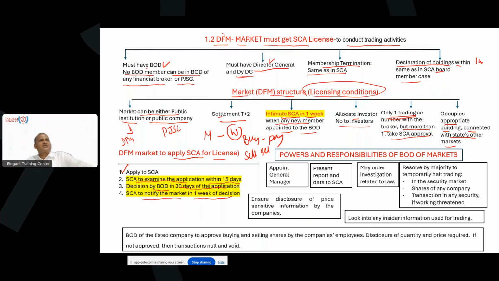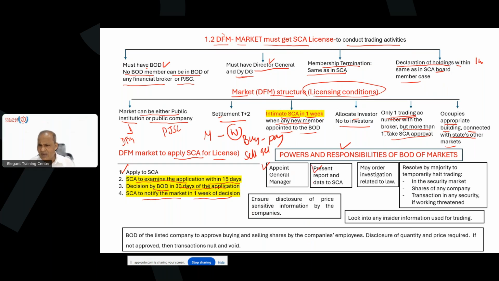Whatever the decision, within 1 week, SCA will intimate the market. Mabruk, your license is approved. Clear? So 15 days, 30 days, and 1 week. Clear, sir?